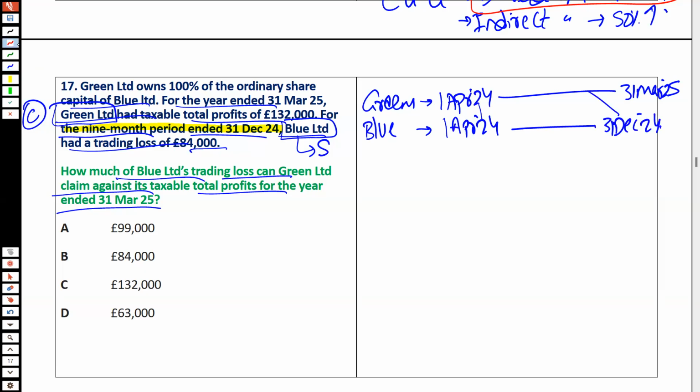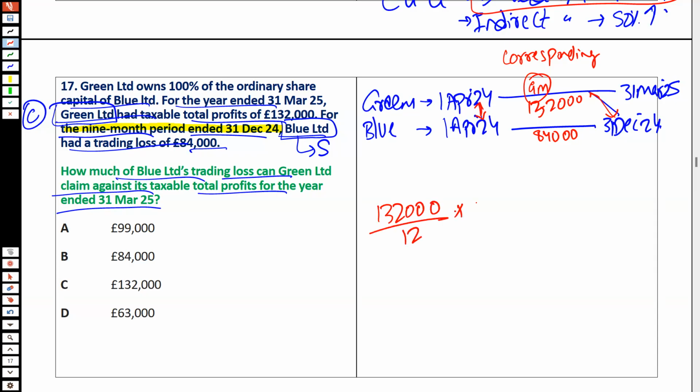So I need to think about the corresponding period, which is 9 months. The loss of 84,000 is already for 9 months, and the profit of 132,000 is for 12 months.